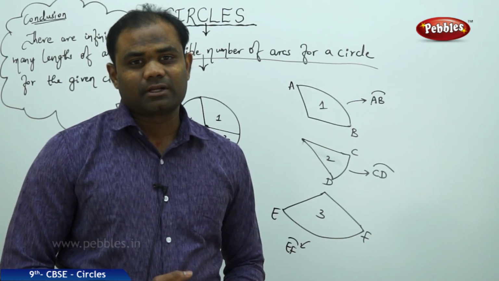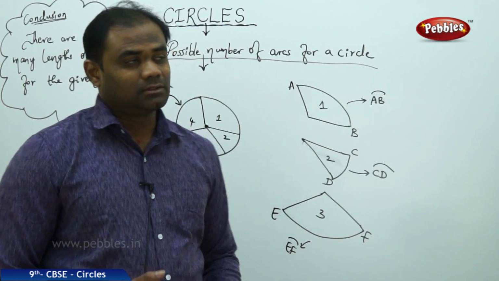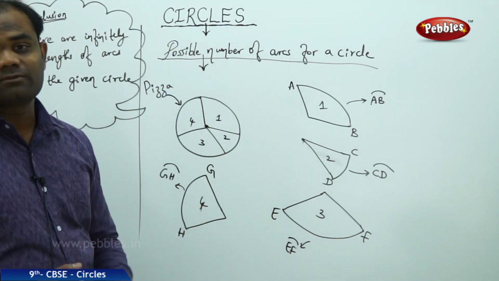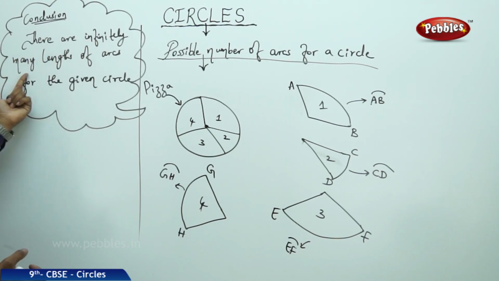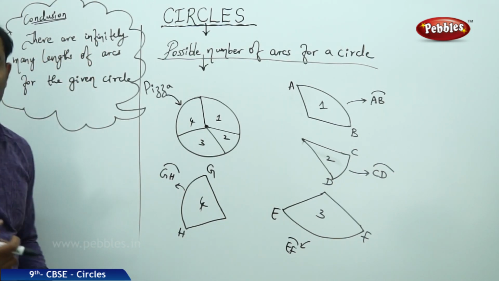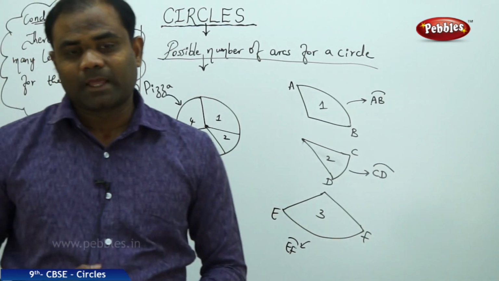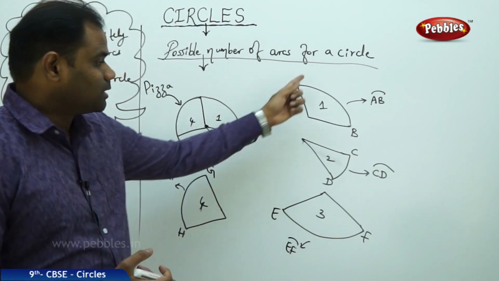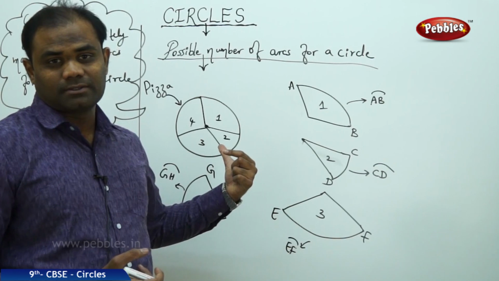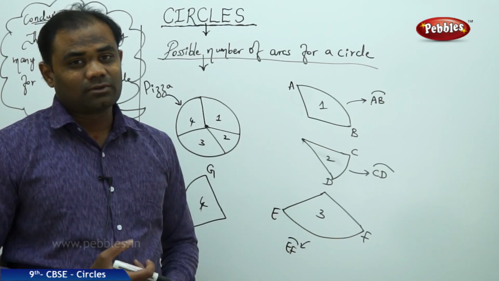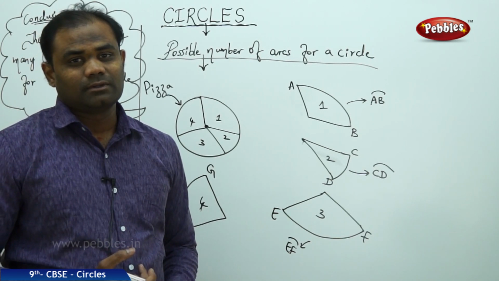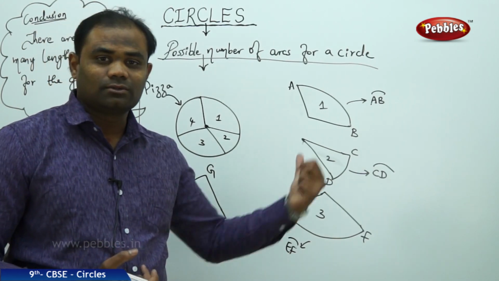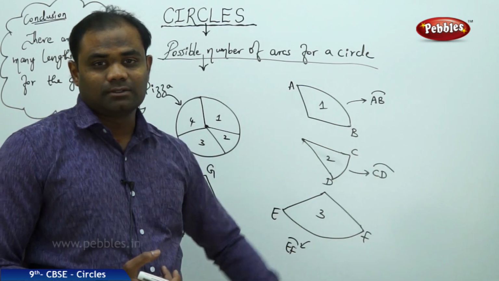Is how we understand the length of arc and the possible number of arcs for a circle, with the conclusion that there are infinitely many lengths of arcs for the given circle. And all arcs are not of same length, they are of different sizes. So the lengths of arcs can be of different lengths, is how we conclude through the arc and the circle.